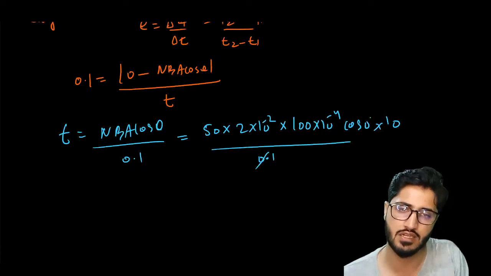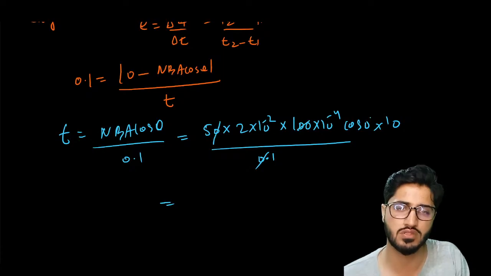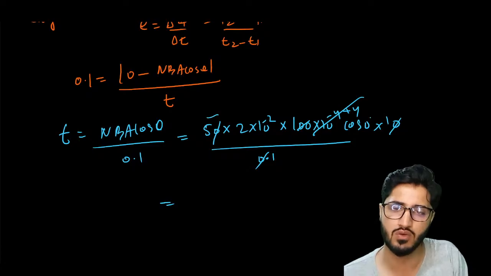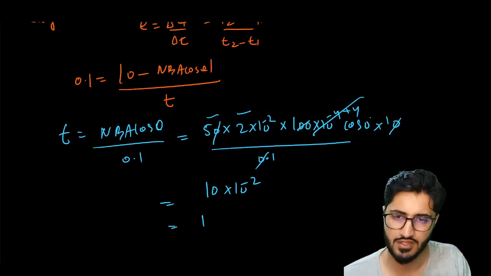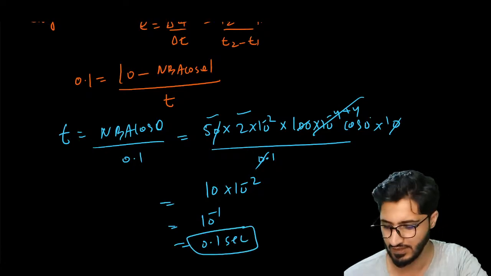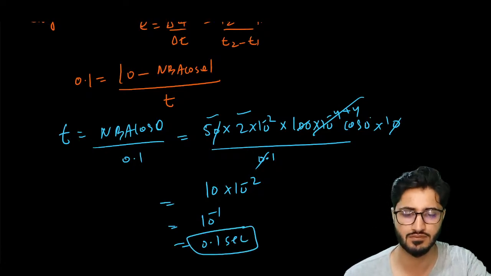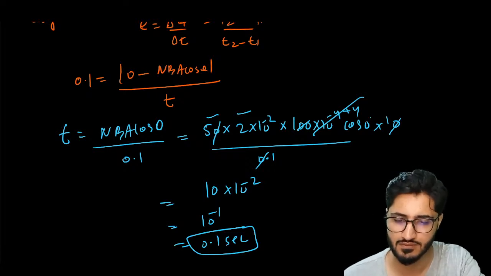Cancel out. Here is 10. So we are having 10 into 10 to the power minus 2. It's 10 to the power minus 1, 0.1 second. Easy or super easy?